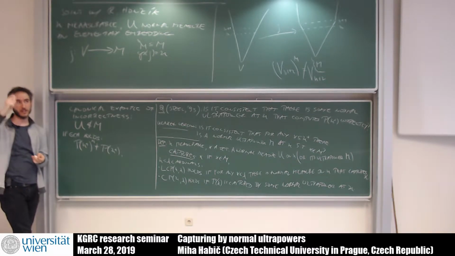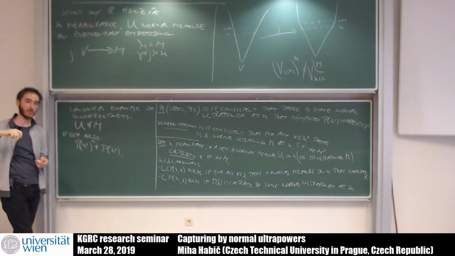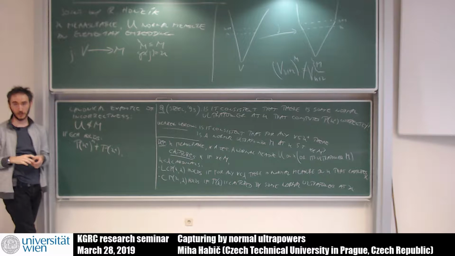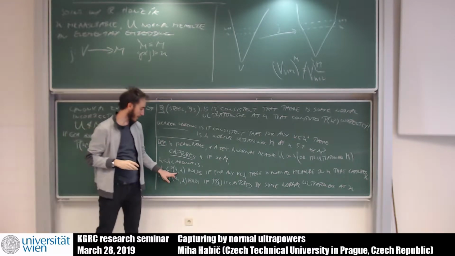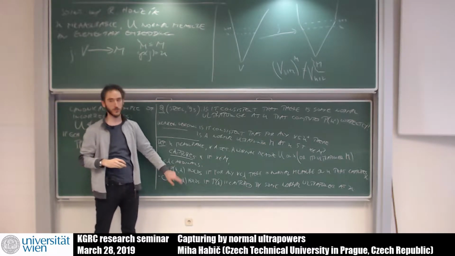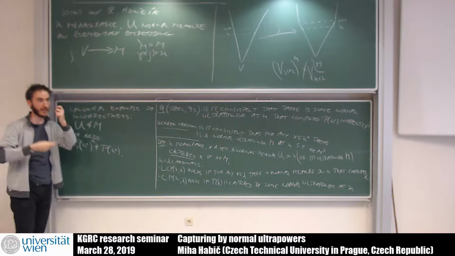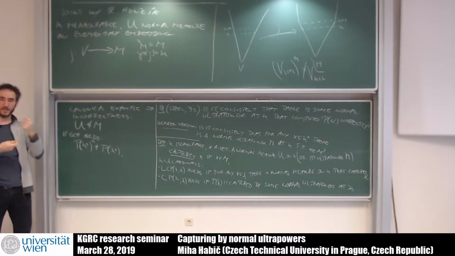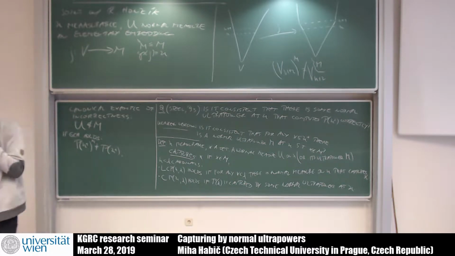And I could throw in any subset of, say, kappa plus, and it would survive; as I factor it out, it wouldn't collapse in any way. So that subset of kappa plus would be captured by some ultrapower at kappa, but not necessarily a normal one. To make this question less trivial, I want to focus on normal ultrapowers, because if I allow any kind of ultrapower, then I can combine things in such a way that I can make more or less anything that I want appear there.